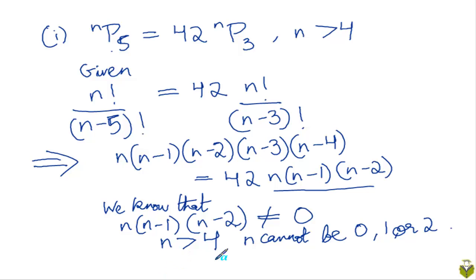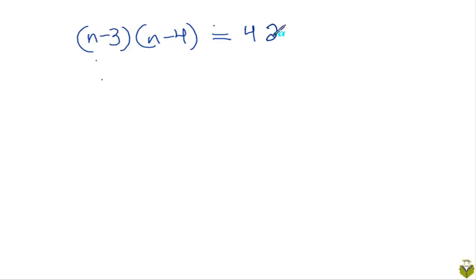So dividing both sides, we are left with (n minus 3) into (n minus 4) is equal to 42, right?